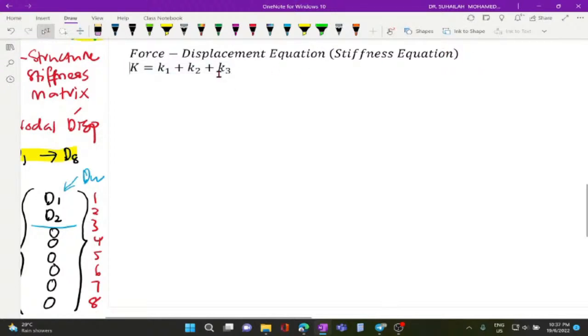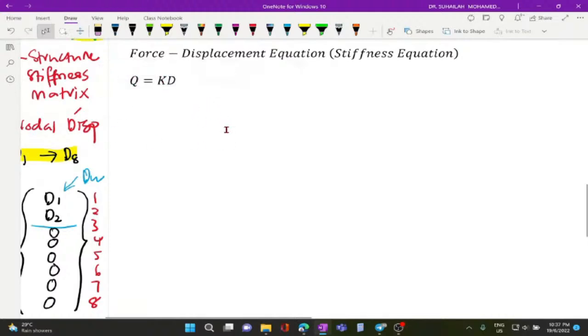It is Q equals KD. And remember, we have to write this in matrix form.